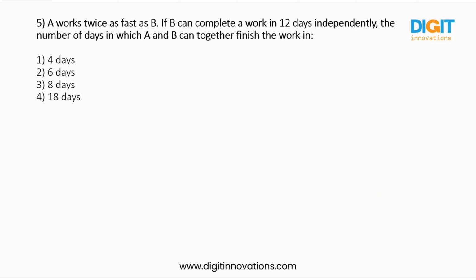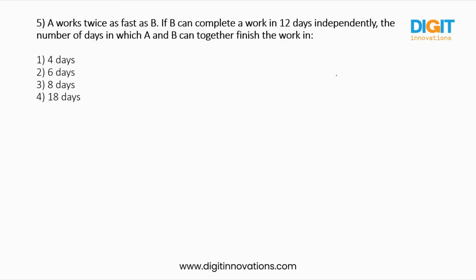Next one, A works twice as fast as B. If B can complete a work in 12 days independently, find the number of days in which A and B can together finish the work. So we don't have any information regarding the total work.